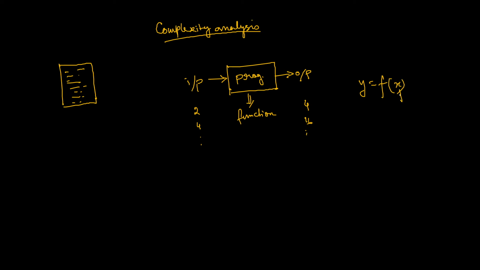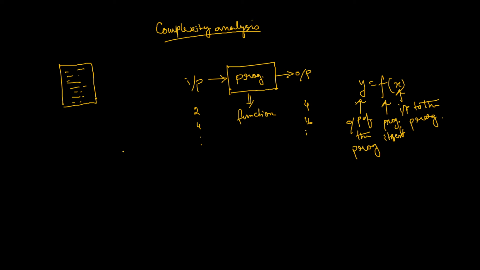This x is the input to the program, y is the output of the program, and this f represents the program itself, which takes your input and converts it to some output. So one thing is sure: mathematically, every program is some function.